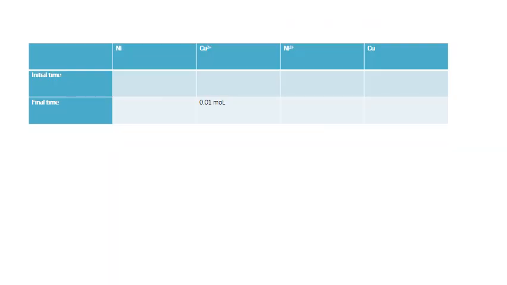To complete this table, we have a certain given. X is equal to the number of moles of copper which is produced during the reaction at time t. But we know that at T final, the number of mole of Cu produced is equal to 0.01 mole. This is given in the graph. To complete this table, we have two instances, initial time and final time.